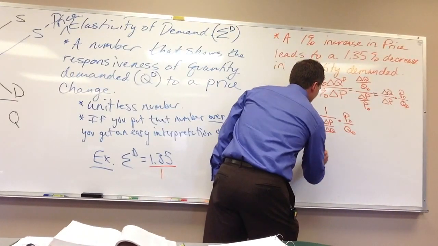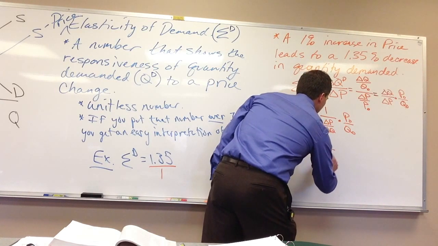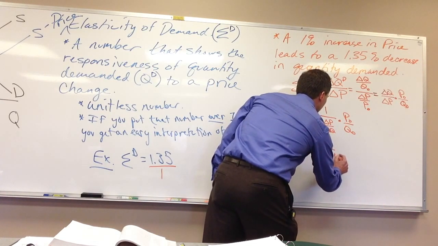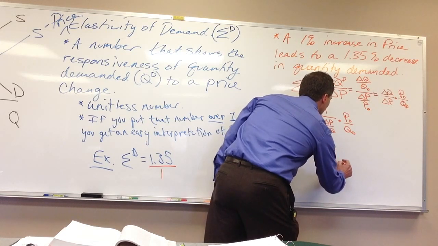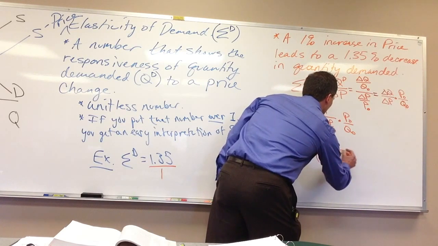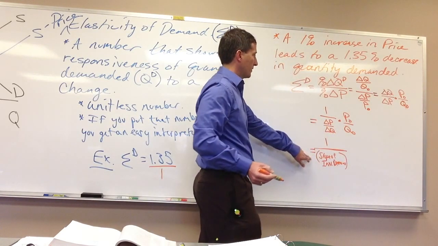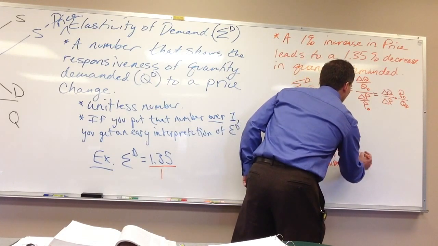And the reason we did that is it gives us this little formula. 1 over the slope of the inverse demand curve, times the point estimate.